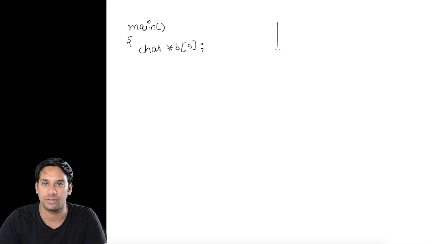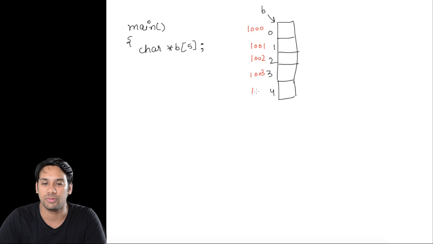Let us suppose this is the diagram: b is pointing to the base address, with index location 0, 1, 2, 3 and 4. Let us suppose the base address is 1000, this will be 1001 because this is a character array, then 1002, 1003 and 1004.